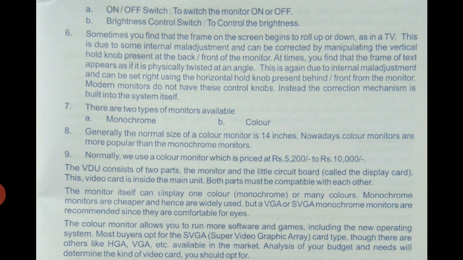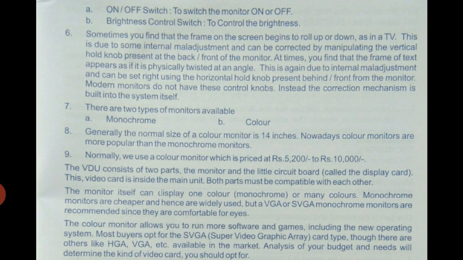The video consists of two parts, the monitor and the little circuit board called the display card. This video card is inside the main unit. Both parts must be compatible with each other.